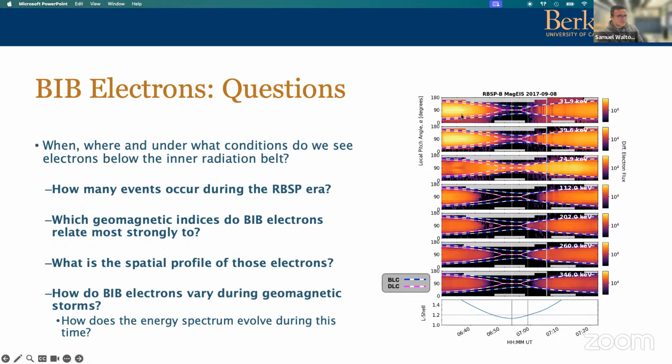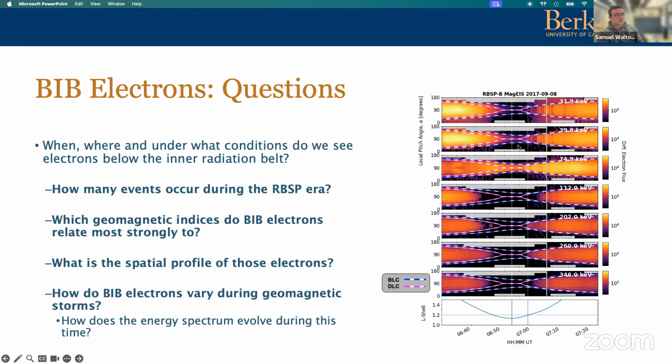And you can see the intense fluxes of the inner radiation belt. You drop below the inner belt, and in most of these energy channels there are no fluxes whatsoever, none detected from tens of keV up to hundreds of keV, and then we go back above the inner radiation belt and you see the intense fluxes again.